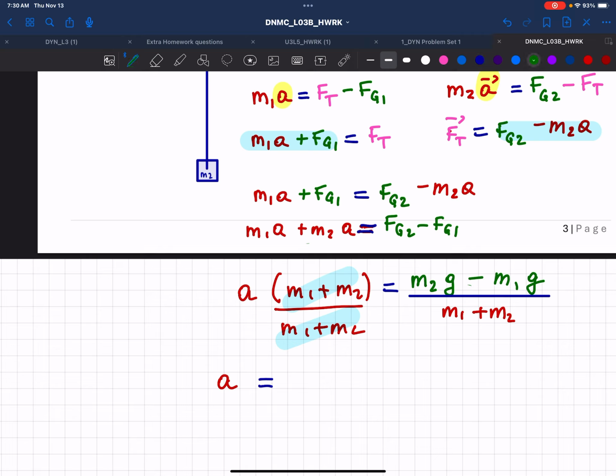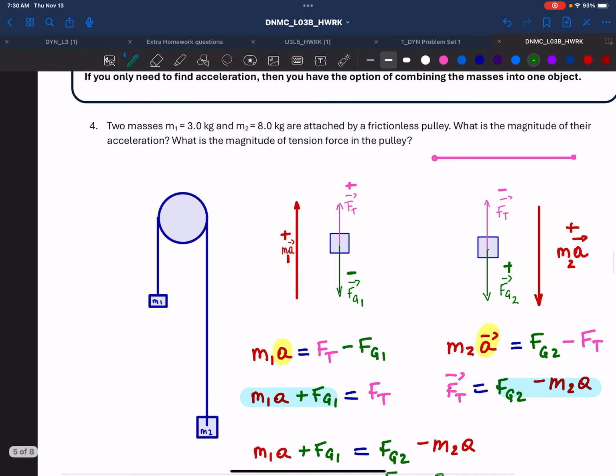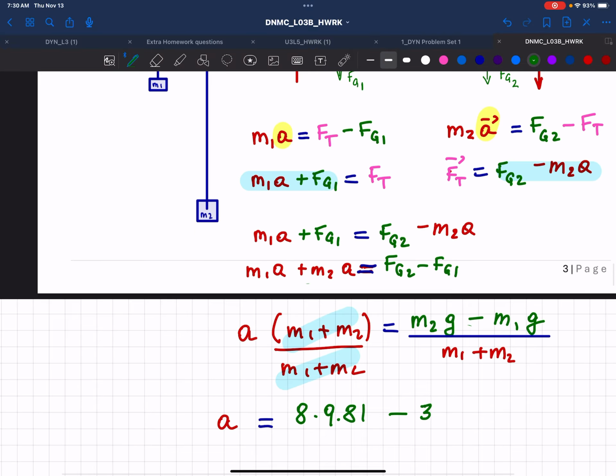So the mass M2 is 8 kilograms, times gravity 9.81, minus mass M1, which was, I think, 3 kilograms, times 9.81. And down here we have the masses 3 plus 8.